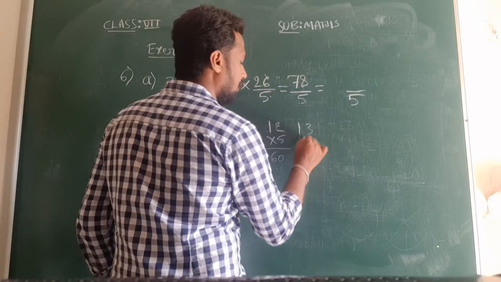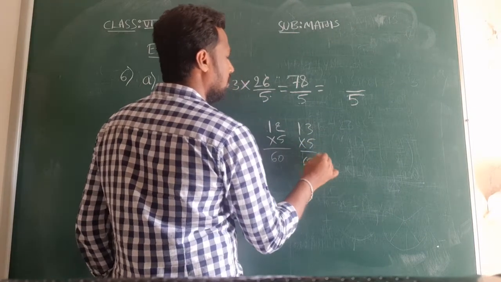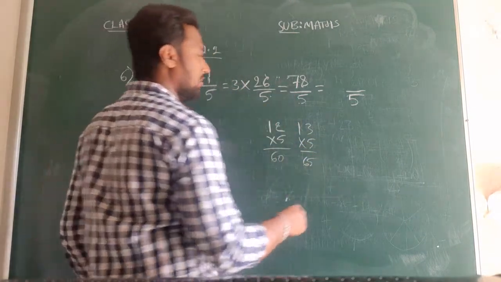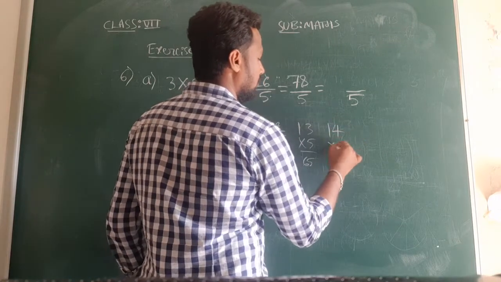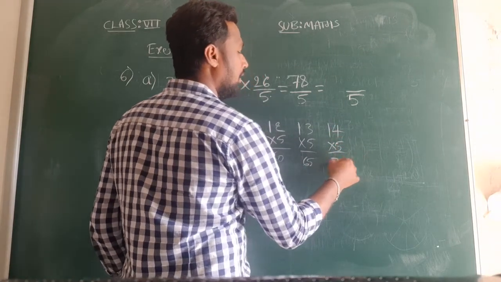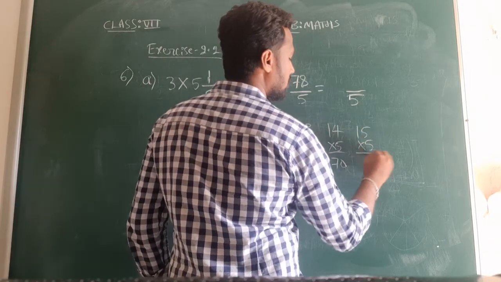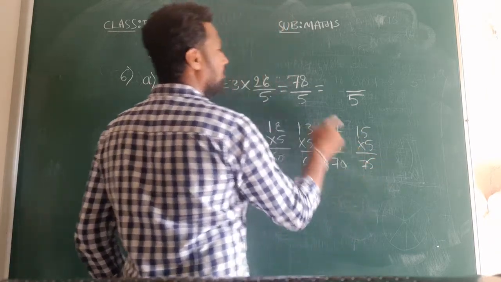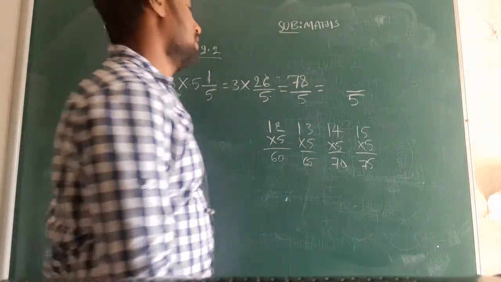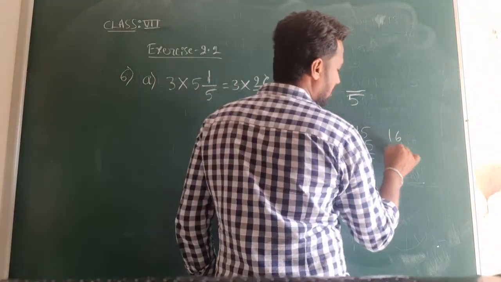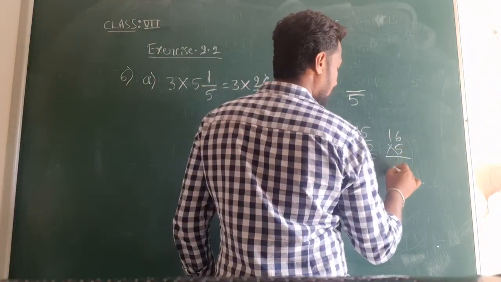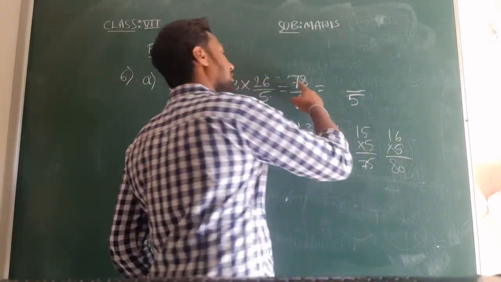Next, 13 into 5, what you will get? 65. These two are less than 78. Next, 14 into 5, 70. Next, 15 into 5, 75. This is a little bit near to 78. Now I will check with 16. 16 into 5, 80, which is greater than 78.